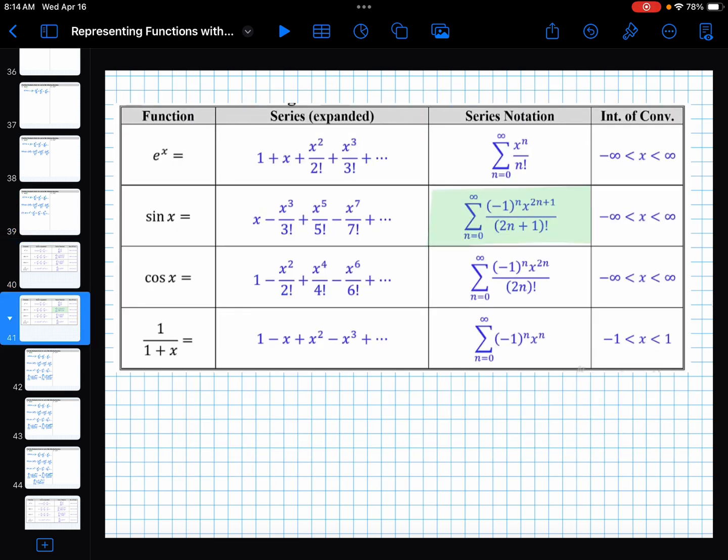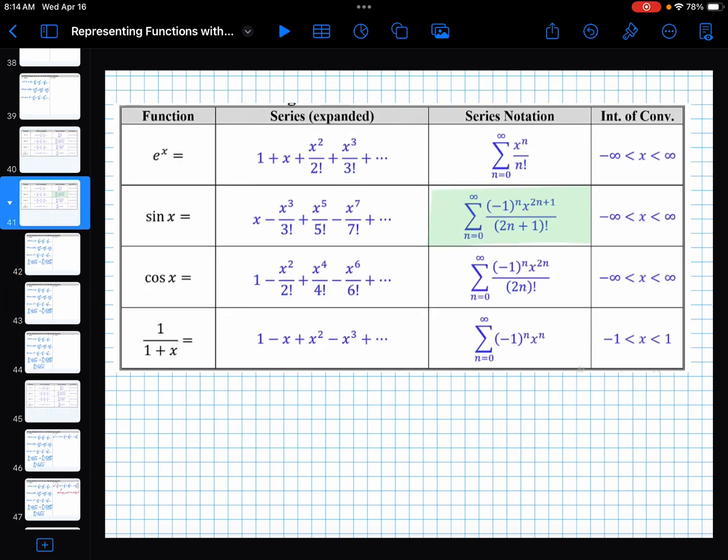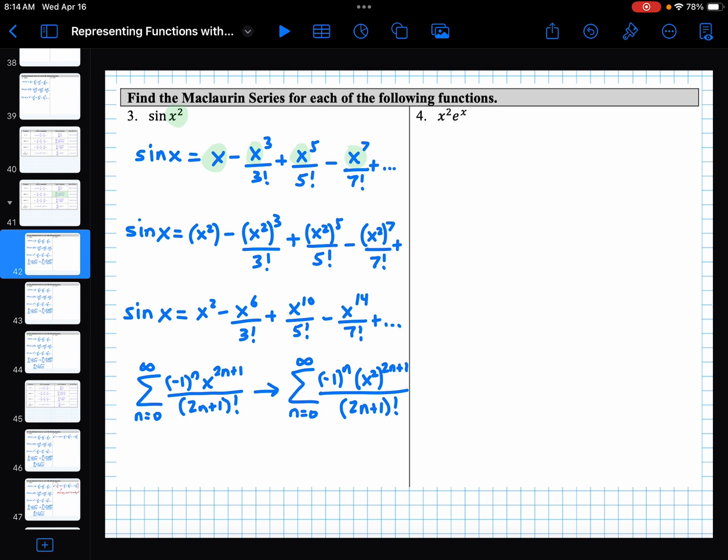All you have to do is replace x with x squared. That x gets replaced with x squared, right down there. And a power raised to a power, you multiply the exponents, so that's going to become x to the 4n plus 2. Everything else stays the same.